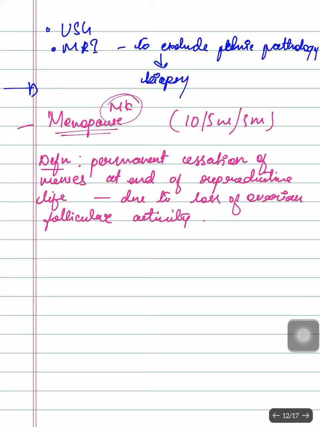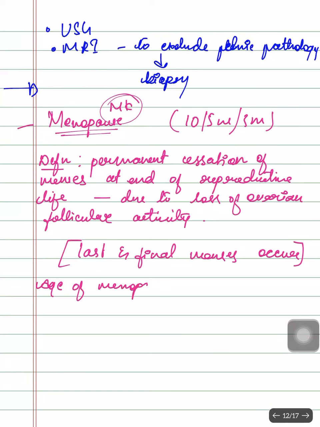Okay, the age of menopause. The age at which menopause occurs is genetically predetermined. The age of menopause is not related to age of menarche or age at last pregnancy.